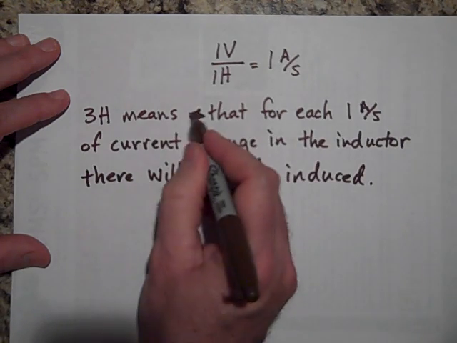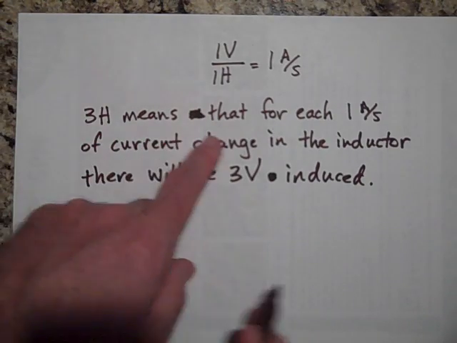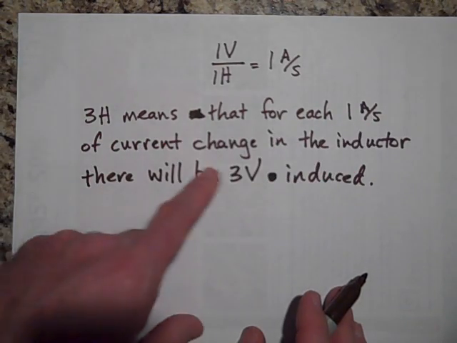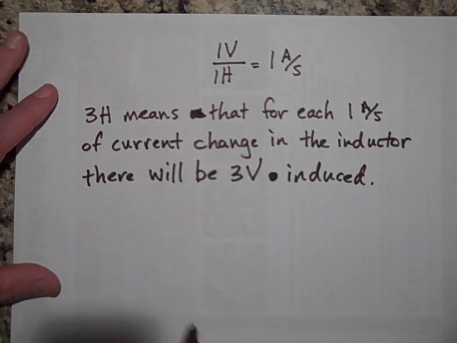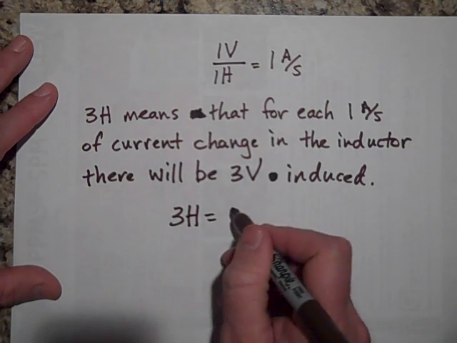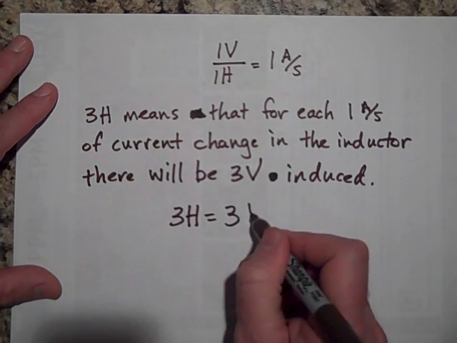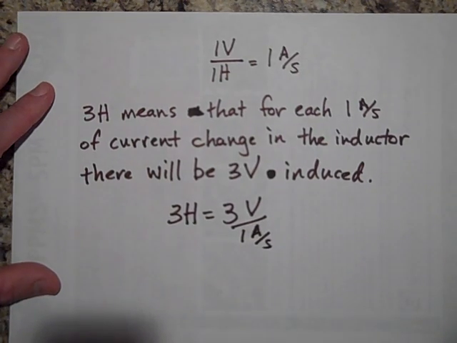Don't ask me why I put this here. That's a mistake. So 3 Henrys means that for each 1 amp per second of current change in the inductor, there'll be 3 volts induced. Okay, so another way of writing that is that 3 Henrys is the same thing as 3 volts for each 1 amp per second of current change.